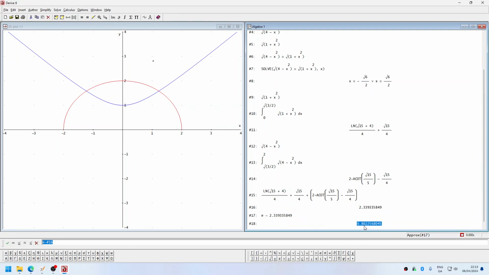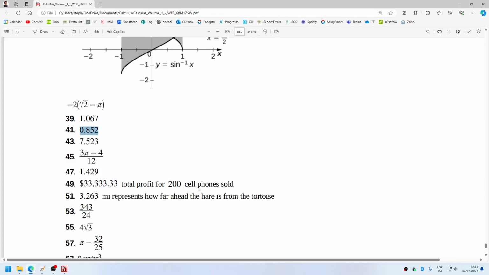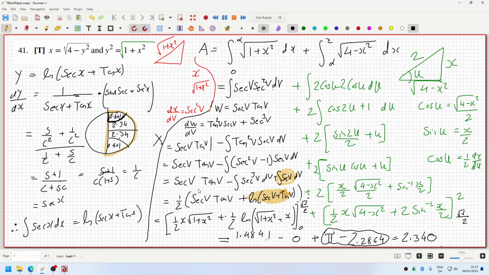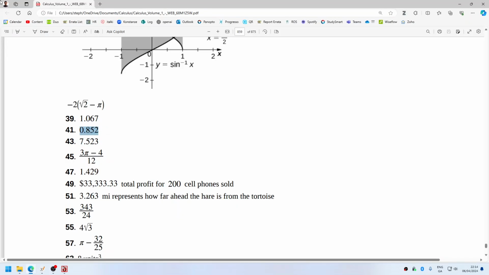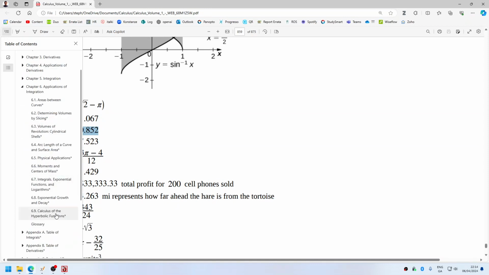Which is 0.802. Yeah, so this area here then would be 0.802. But it's not clear which area they want.